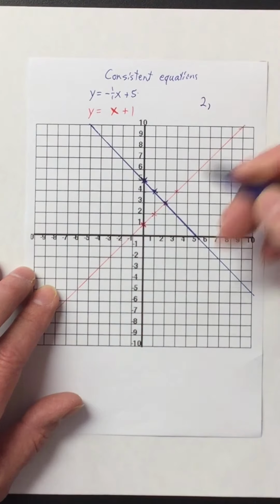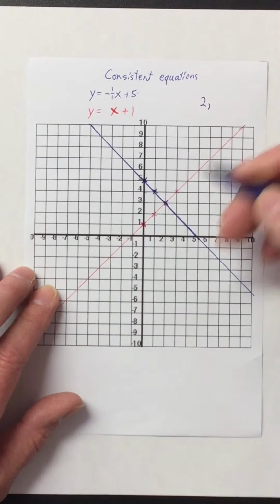Let's look at how that would look if we were to use substitution and elimination. So once again, here are my two equations. If I take this part, which is equal to y, and substitute in for y, here it is at the top. I'm going to subtract a 1 from both sides to eliminate it from that side. It gives me x equals negative x plus 4. I'm going to add an x to both sides to eliminate it here.